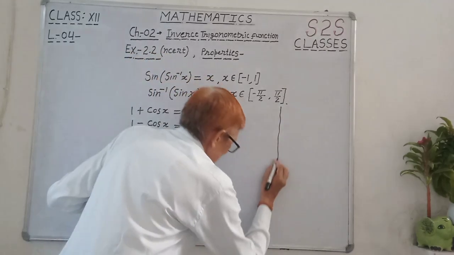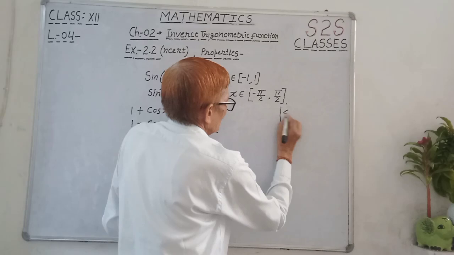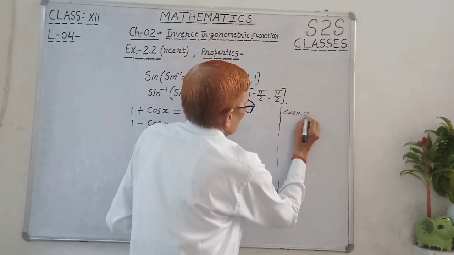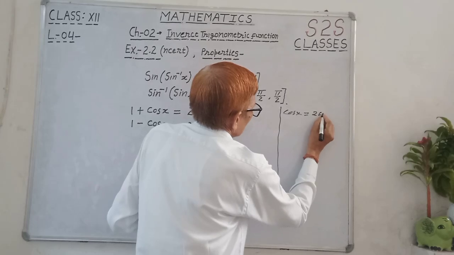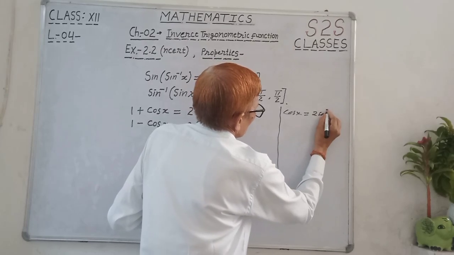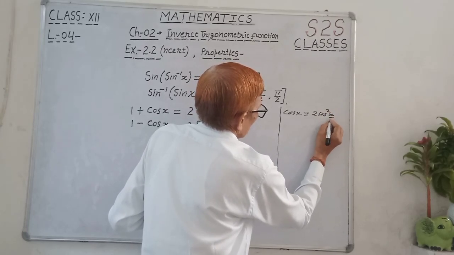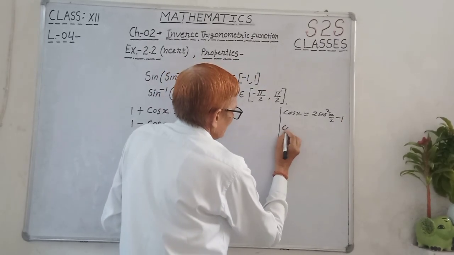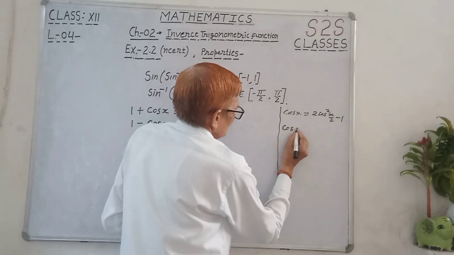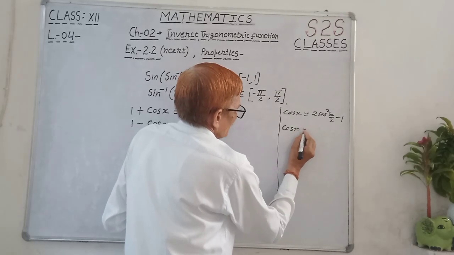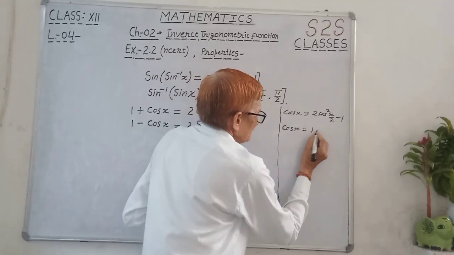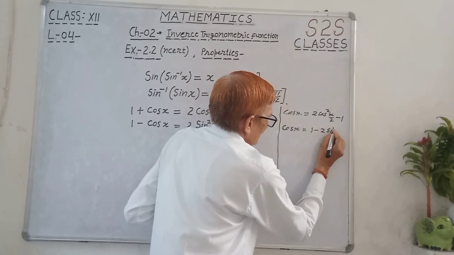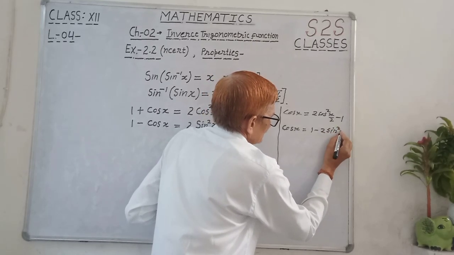We may understand like that: by the cos 2x formula, cos x is equal to 2 cos square x by 2 minus 1, and cos x is equal to 1 minus 2 sin square x by 2.